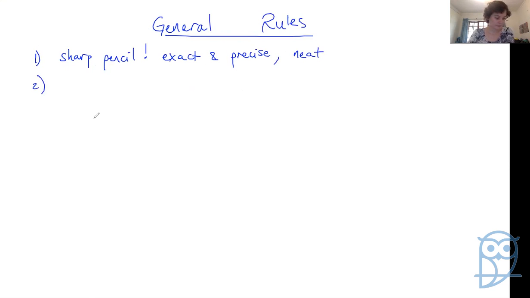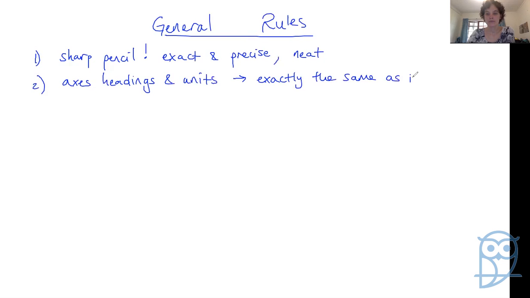Right, next one. Your axis headings, or the titles of your axes, and units must be exactly the same as in your data table. Okay, third one.